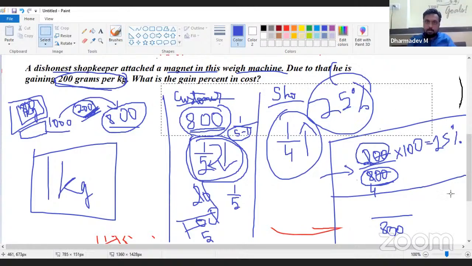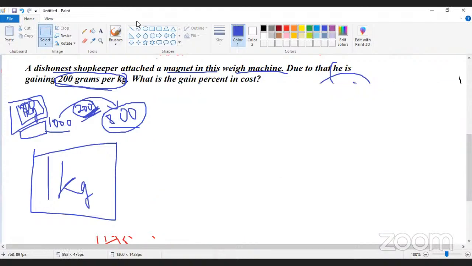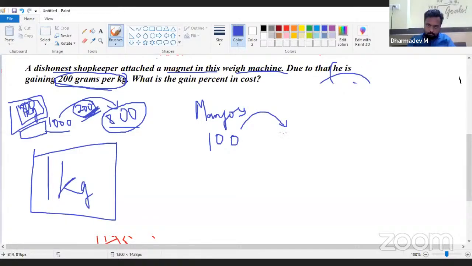For example, when somebody purchases maybe mangoes for 100 rupees and sells them, it increases the profit by 10%.